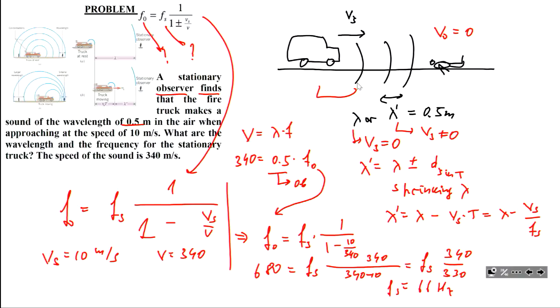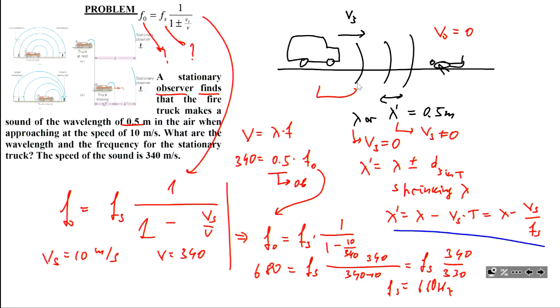Which is lower than 680 as it's supposed to be. If the truck would not be moving, the frequency for the observer would be 660. And when the truck starts moving, the frequency goes up to 680. And well, when the truck is not moving, what is the wavelength of that sound? Well, we could have used this equation, but why?